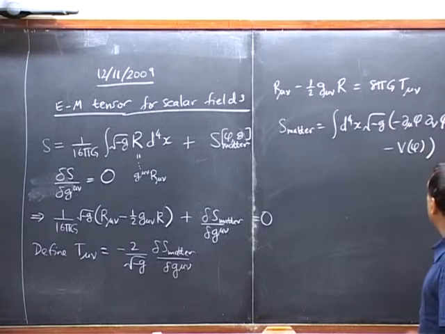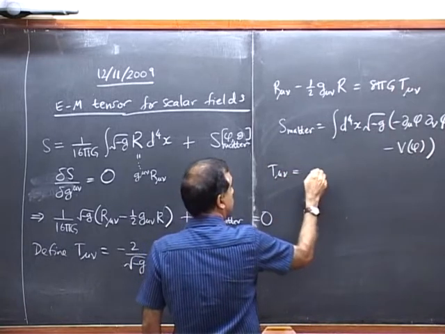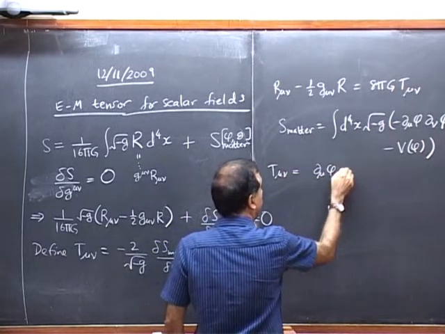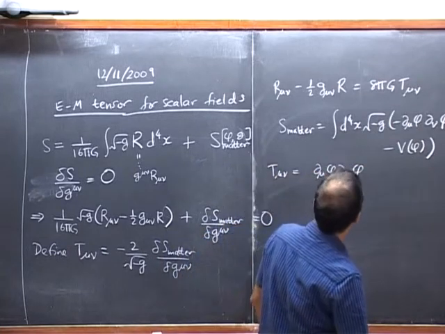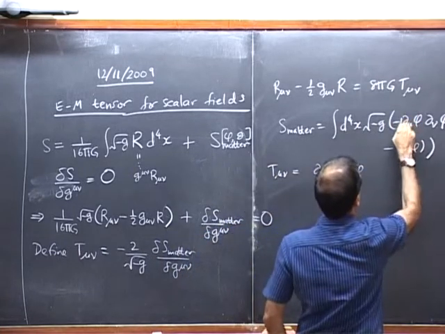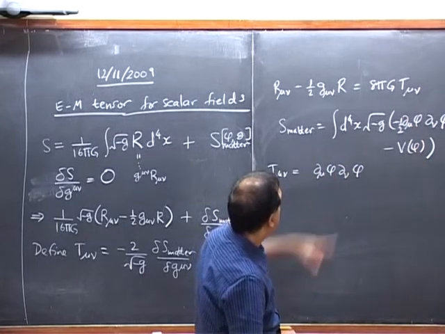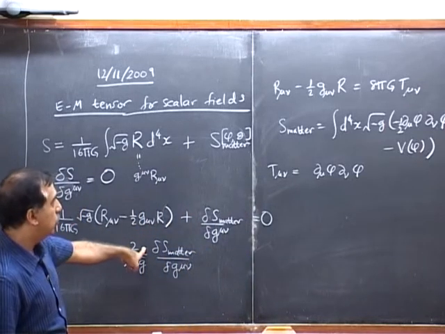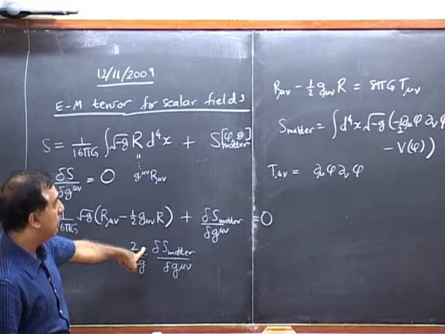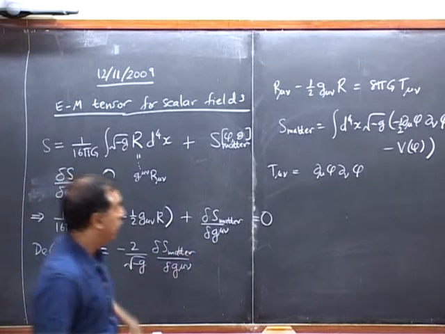Okay? So good. So with this definition, T mu nu is plus del mu phi del nu phi. There's always a half here for a real field. The half goes because of this 2 multiplication: minus 2, minus removes that minus sign, 2 removes the half, and 1 by this removes the root minus g.